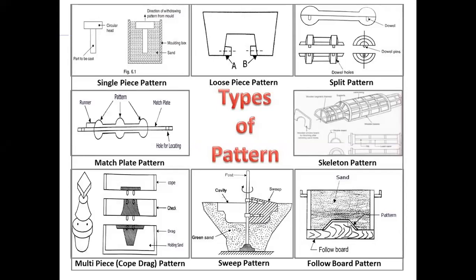And this pattern, what you are seeing here, will be made of a good surface finish, so that the sand falling on this pattern, when it is rammed, gives the inside surface of the mold cavity a good surface finish. So that gives you a good surface finish in the casting, subsequently.